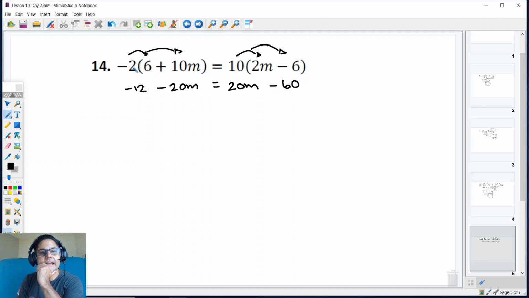So let me just double check that. -2 times 6 is -12. -2 times 10m is -20m. 2 times 10m is 20m. 10 times -6 is -60. All right, looks pretty good.